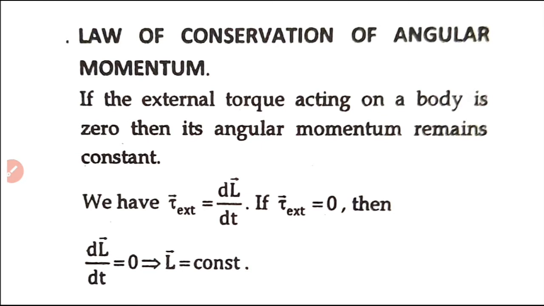So L equal to constant means Lx is constant, Ly is constant and Lz also is constant. So component wise it will be remaining constant. So that's what the law of conservation of angular momentum says. If the external torque acting on a body is 0, angular momentum remains constant.